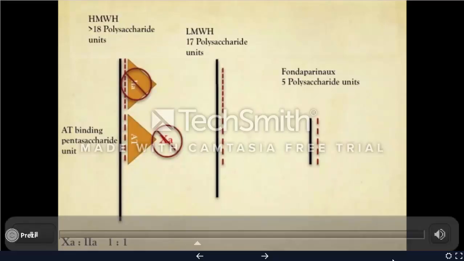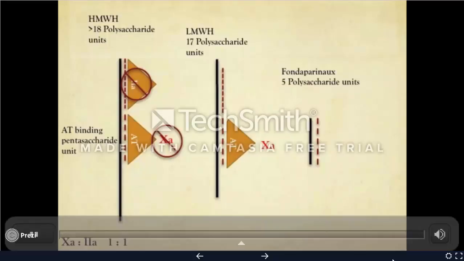As heparin is a very long molecule, it binds both antithrombin and factor 2A, so that it inhibits the activity of both activated factor 10 and activated factor 2 in almost equal ratio, that is 1:1 ratio.